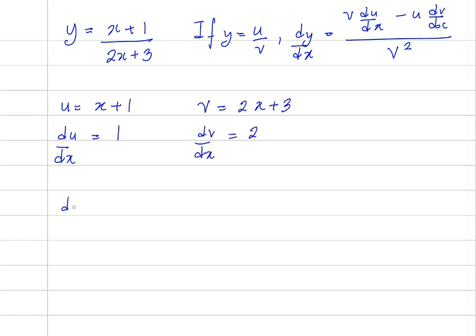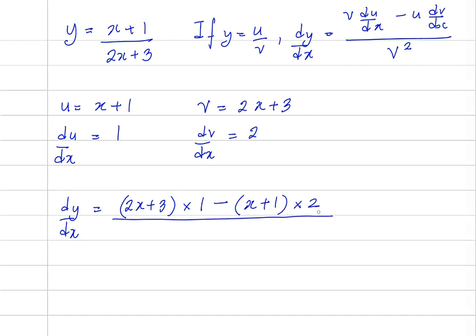So dy by dx would be equal to v, which is 2x plus 3, times du by dx, which is 1, minus u, which is x plus 1, multiplied by dv by dx, which is 2, and this is all over v squared, which is 2x plus 3 squared.